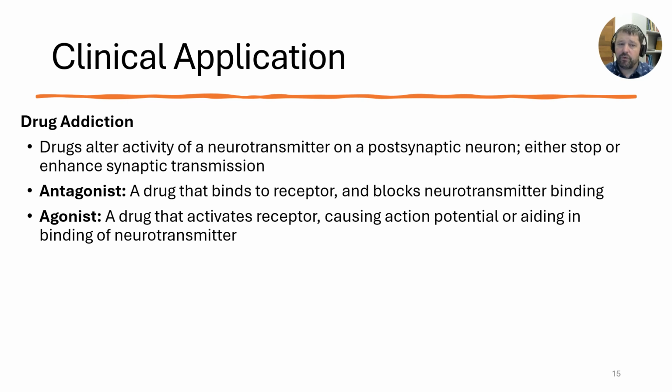And depending on what type of drug, an antagonistic drug is going to bind to the receptors and block the transmitter. So typically they're not going to send the signal. An agonistic drug is a drug that activates the receptor and causes action potential to occur, adding to the binding of neurotransmitters.